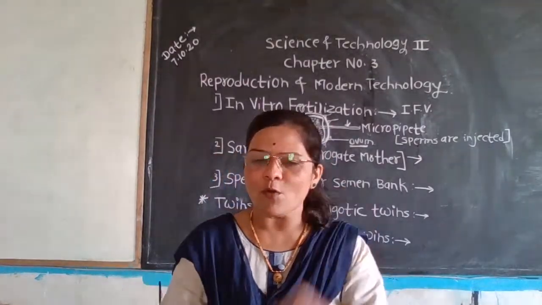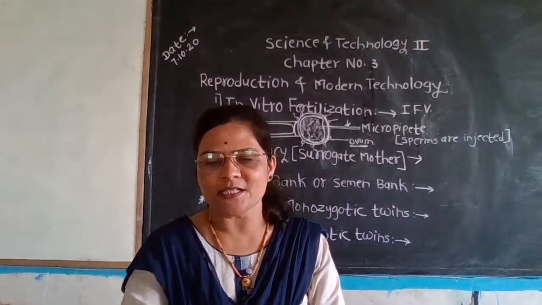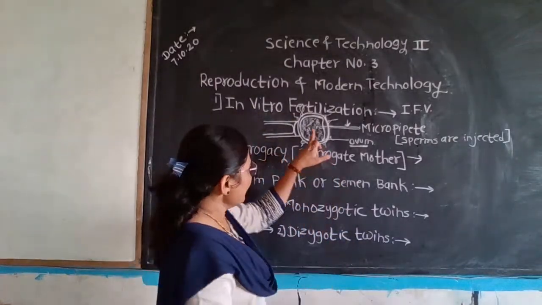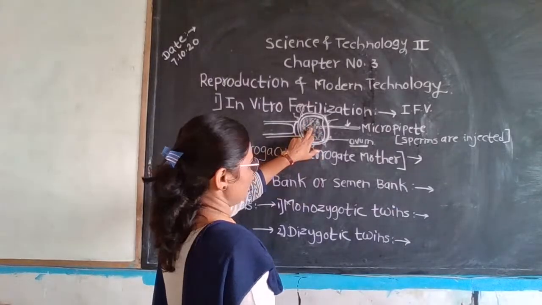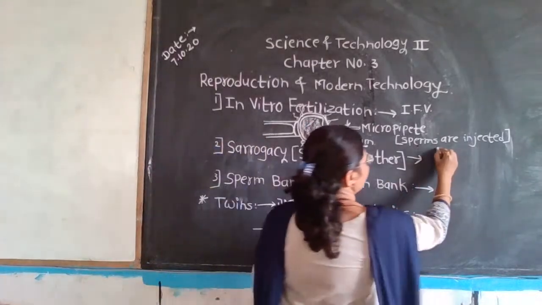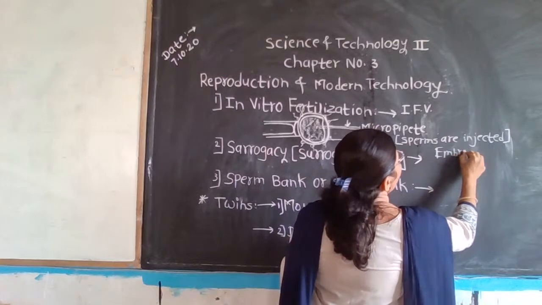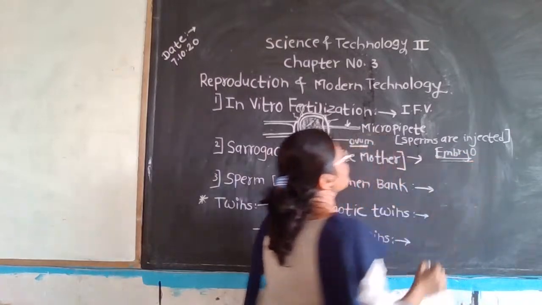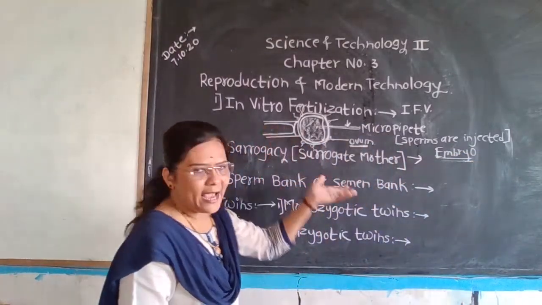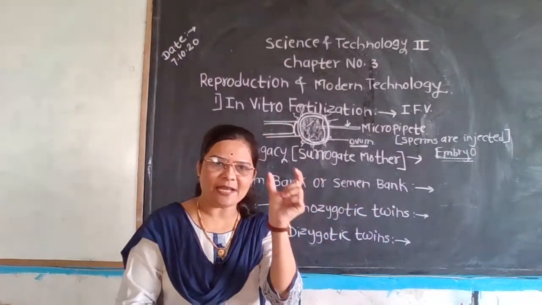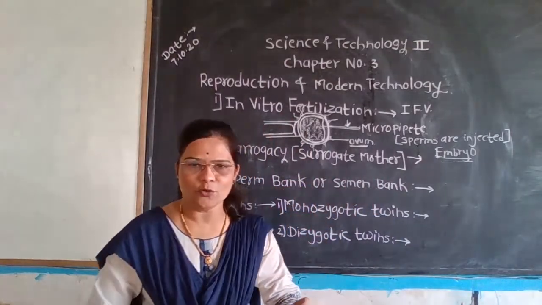The embryo is formed after the fertilization. What is an embryo? Embryo is the first stage after the fertilization of male gamete and female gamete in a test tube.